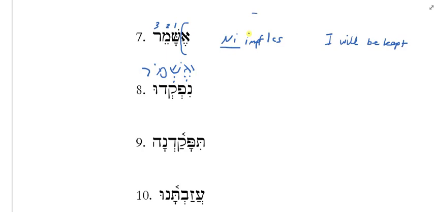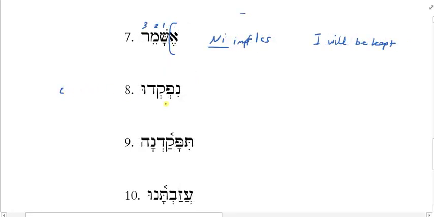Let's look at number 8. I have nifkadu. Say that with me, nifkadu. So with nifkadu, I've got a shureq at the end of my 3 root letters here, right? I've got pakad, and then I have a noon prefix. The thing you normally associate that with is what? Imperfect 1CP, right?